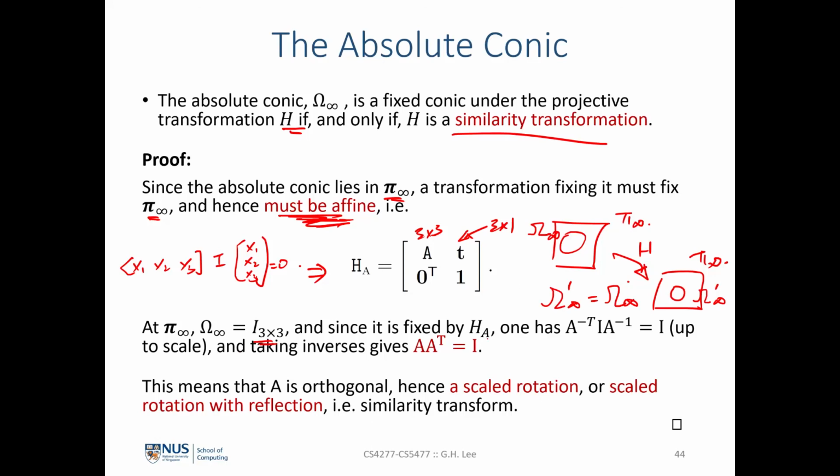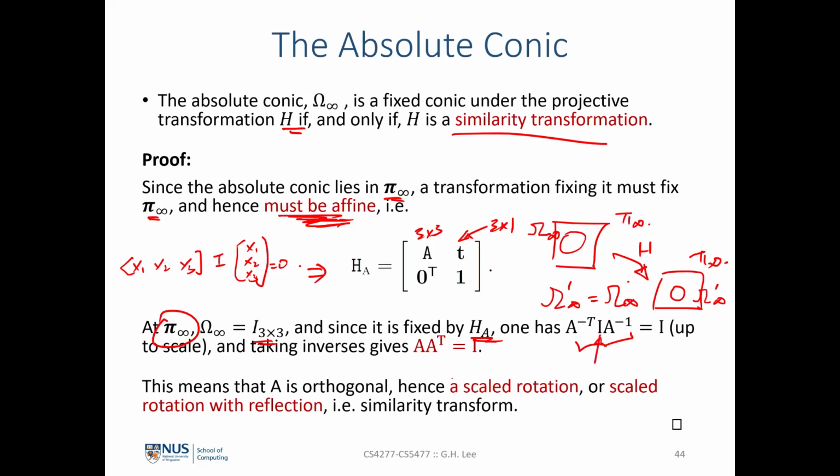And since it's fixed by the affine matrix, because we want pi infinity to also remain fixed, then A inverse transpose I A inverse, which is the transformation on the conics, must also equal identity.